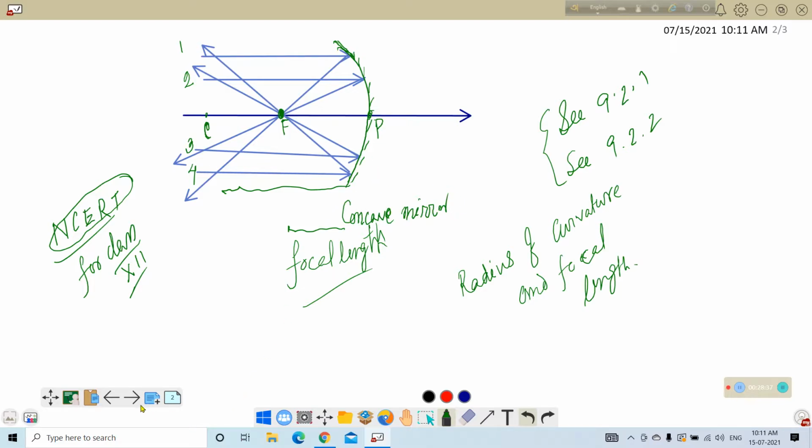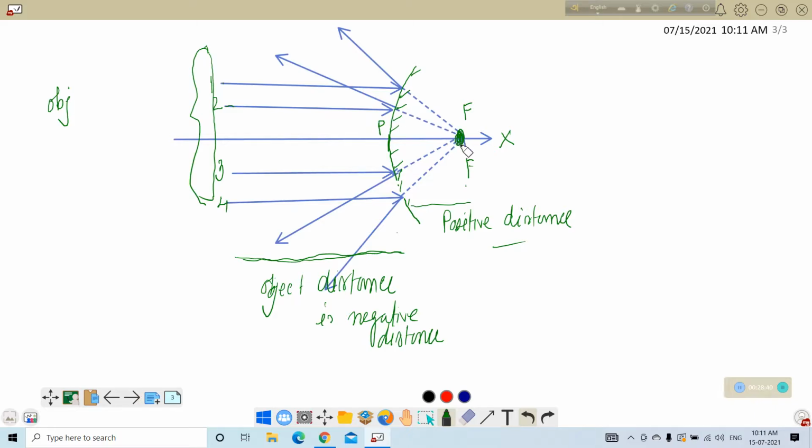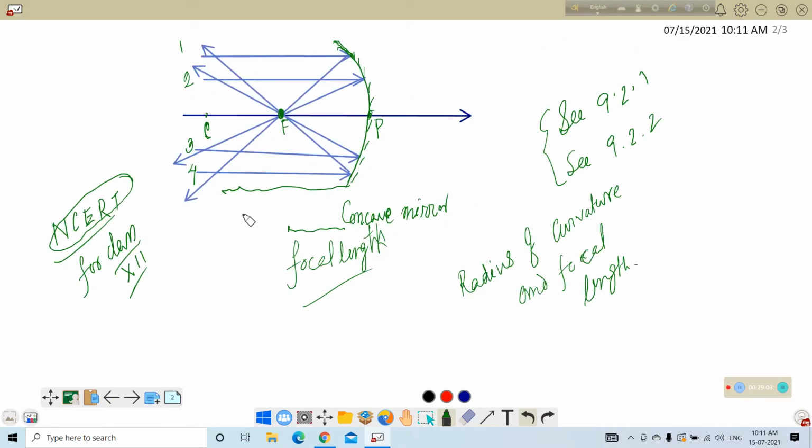And in case of the convex mirror, whether this is positive or negative. This distance is the focal length. Actually, PF is equal to f, conventionally focal length. In this case also, PF is equal to focal length, and conventionally it is termed as f. So it is either positive or negative. You have to determine it.